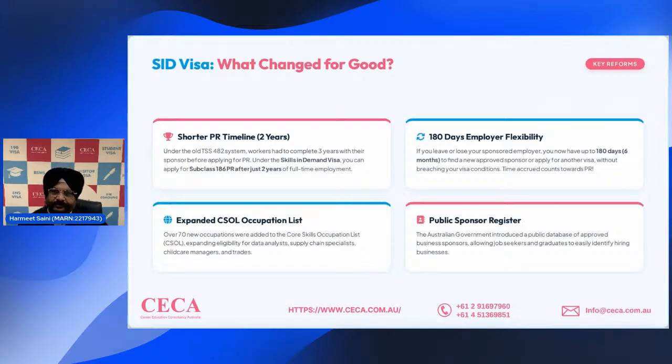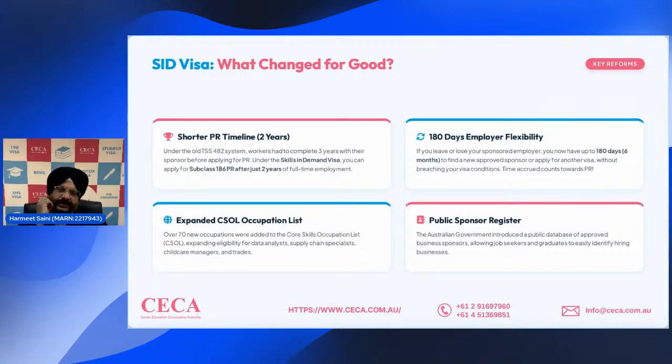But now if you hold a subclass 482 visa for just 2 years, then the guaranteed PR pathway, subclass 186, is available for you after this visa grant and 2 years of work experience. Secondly, there is a longer waiting period of 180 days, which was extended last year.